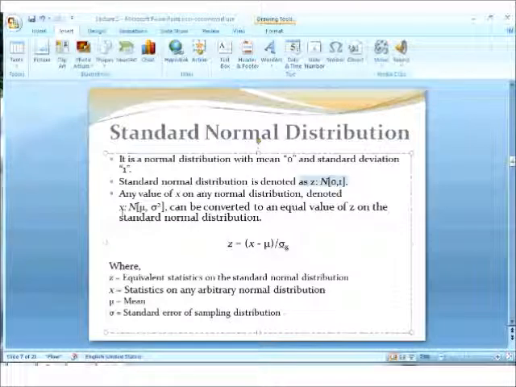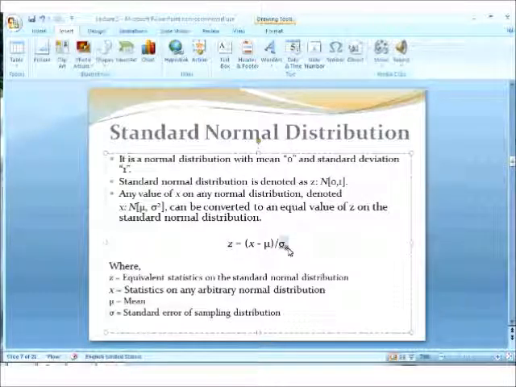So, if we have a variable x which is normally distributed with mean mu and variance sigma square, it can be converted to a standard normal distribution using this equation, where z is the statistic for the standard normal distribution, x is the value that you have selected, mu is the population mean or mean from your sample, and this is the standard error of the sampling distribution.